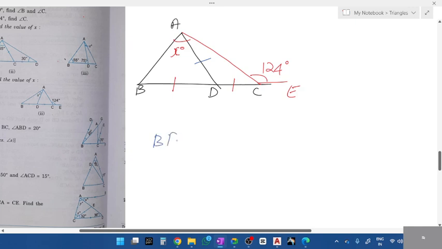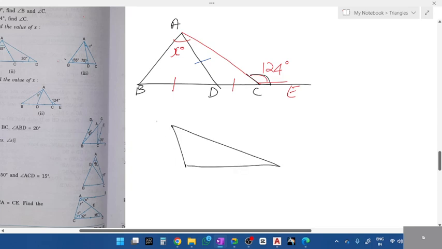Okay. Look here. BD is equal to AD in the first triangle. In the second triangle, AD is equal to DC. In which triangle is the value given? First triangle or second triangle? Value in the sense number. 124 is given in which one? It is close to the second triangle, right?